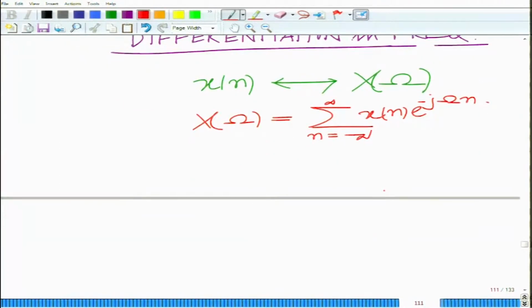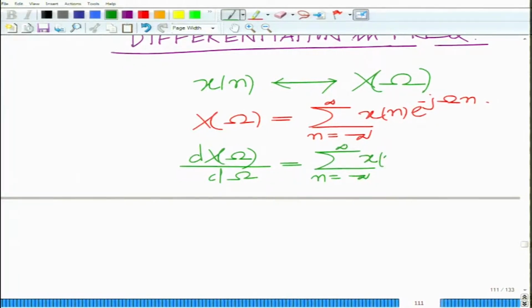Then if you differentiate this, dX omega over d omega, that is the sum over n from minus infinity to infinity. If you take the differentiation sign inside, x n is a constant, that is d over d omega of e raised to minus j omega n with respect to omega.